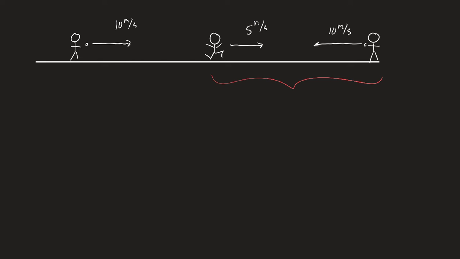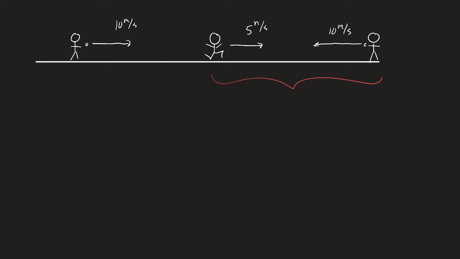If I wanted to get an idea for how fast the ball appears to be traveling towards you, all I really need to consider is, what do I do with these two numbers? The ball's going to definitely be going faster, correct? So from your vantage point, the 10 meters per second ball is moving faster than 10 meters per second because you're moving through the space at 5 meters per second towards the ball.